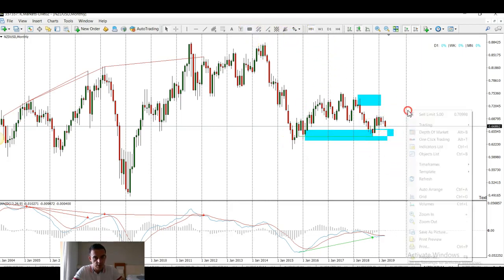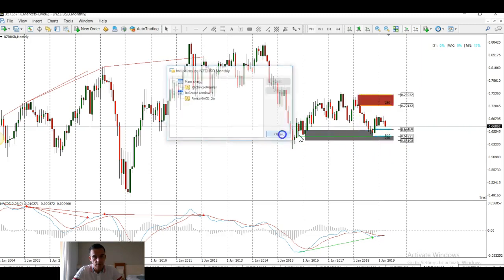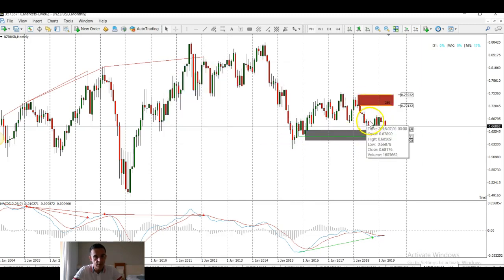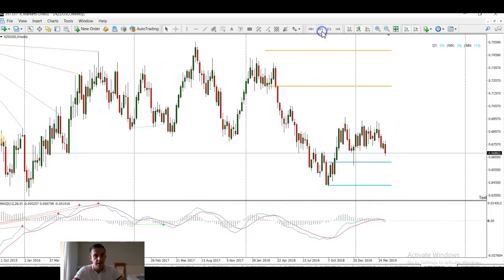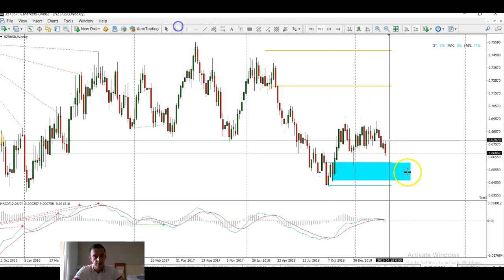So this is what's looking like it's happening now. It's been ranged since 2015 also. So you see we had this leg down. This kind of popped up, broke this leg down, took out a zone, created the new high. Moved back down to test this area here. And this is a likely good buying opportunity for this.